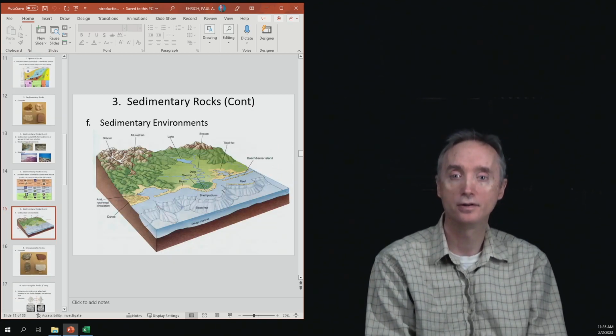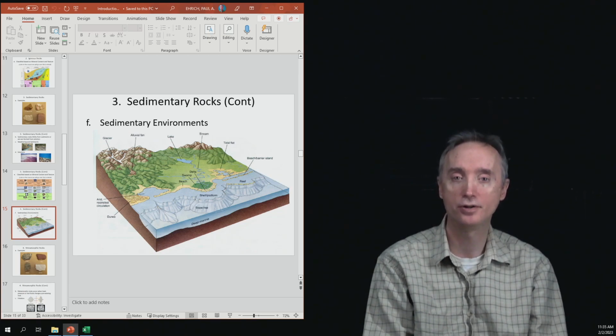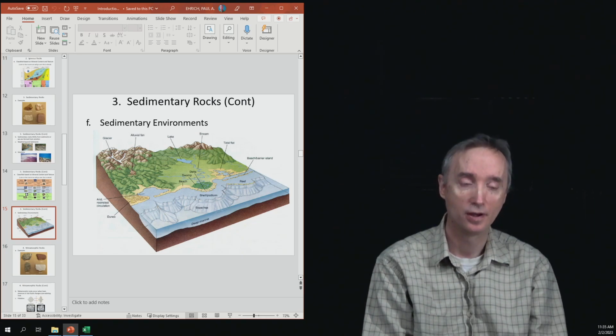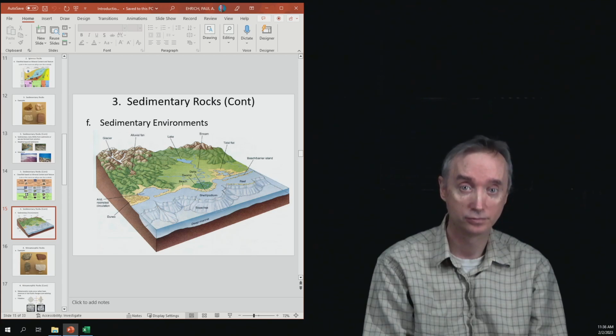So here are some sedimentary environments. So all you have to think about is where are there places on the earth which are subjected to rain and extreme cold or extreme heat or water or ice or wind or wave action. Well, that's basically everywhere.